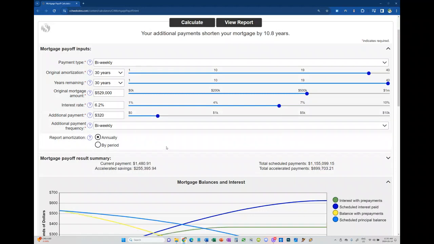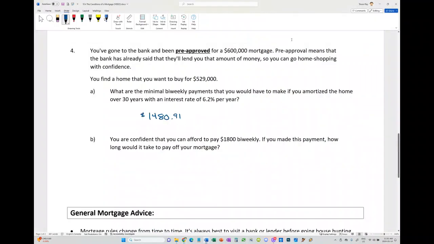And if I do that, it shortens my mortgage by 10.8 years. 10.8 years. That is not insignificant. So that means that we can actually pay off our mortgage in 19.2 years. So now you'll have your mortgage paid off by the time you're less than 50 years old instead of 60.